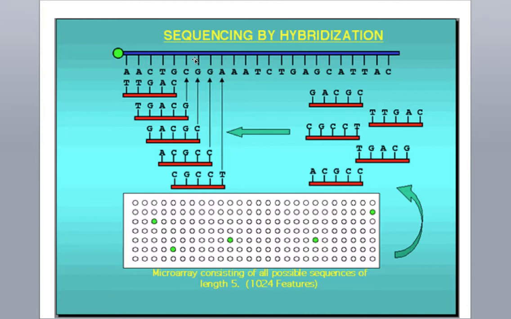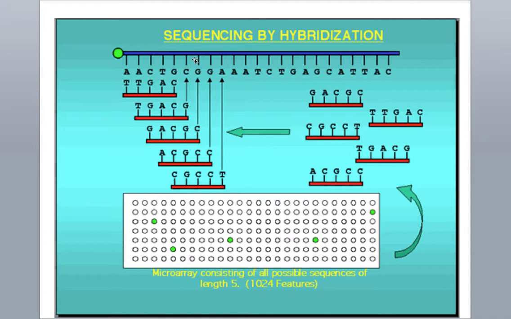And so, for example, a good application is if you want to find a variation in, let's say, a gene, and you have, let's say, 1,000 different genetic fragments from different people, you can practically screen them in one experiment. So again, that's called sequencing by hybridization.